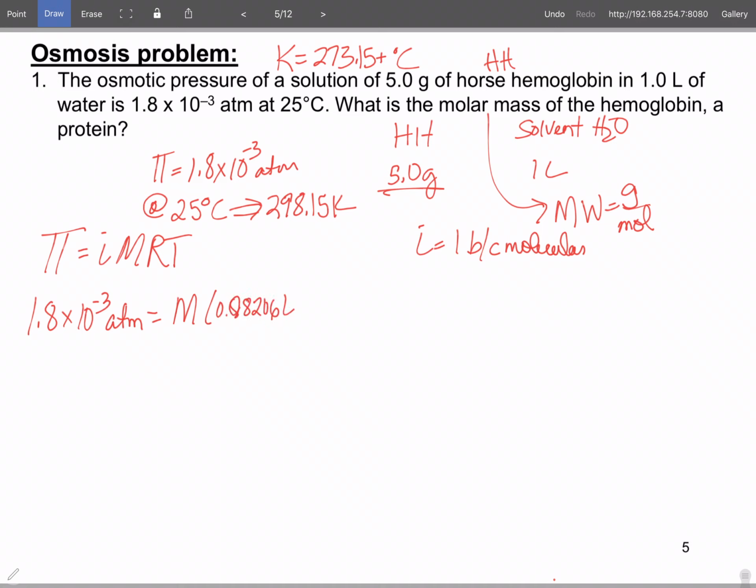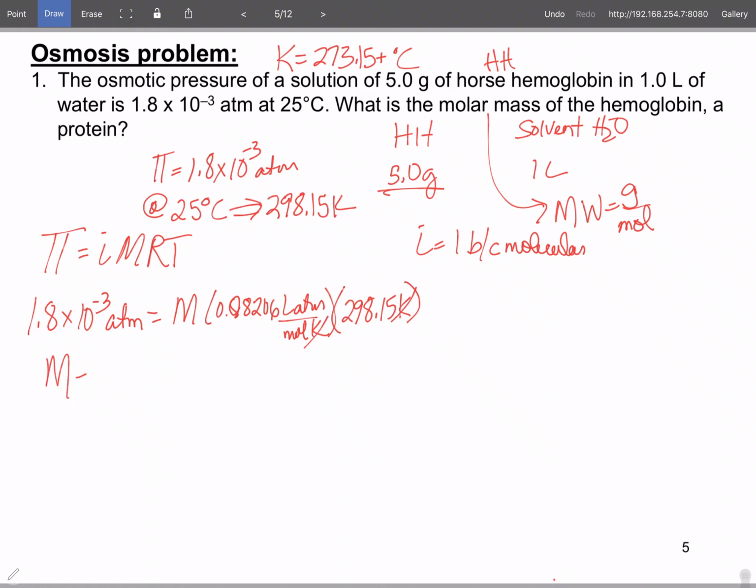0.08206 liter atmospheres per mole K. And our pressure has to be in atmospheres if we're using that, 298.15 K. And we know that because our units need to cancel.